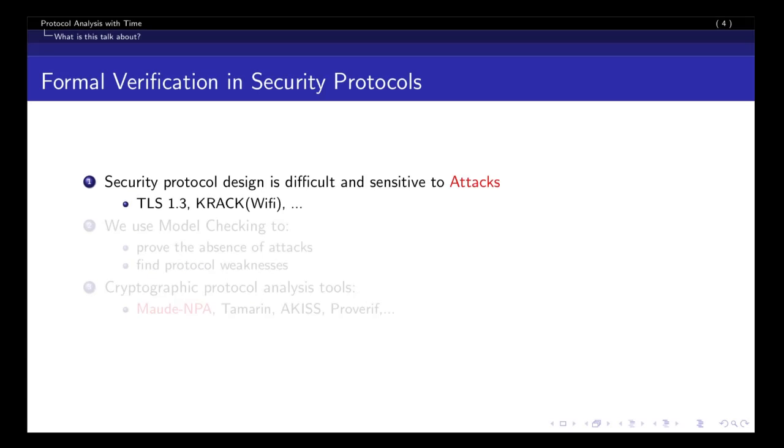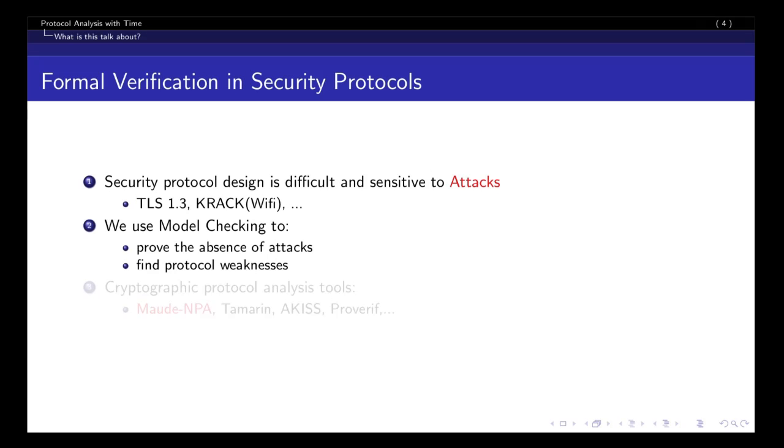Well, as you all know, security protocol design is a very critical task, and at the same time very sensitive to attacks. Examples of attacks include the famous TLS attacks, and another one is the KRACK attack recently in Wi-Fi.